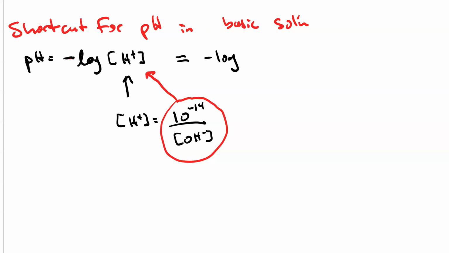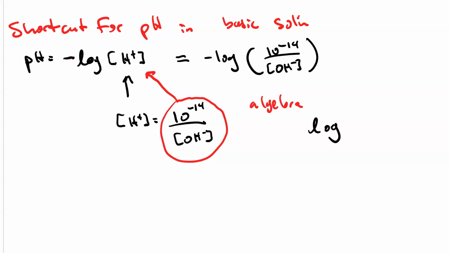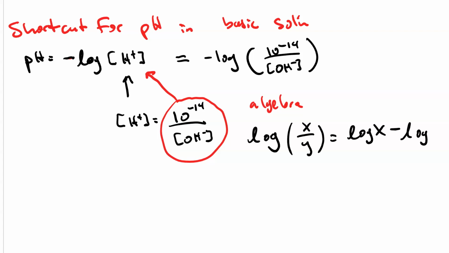So we have the negative log of 10 to the negative 14th over the hydroxide ion concentration. Now, there's a little bit of algebra here, but you should know that the logarithm of a fraction, say x over y, equals the difference of the logs. So the log of x over y equals the logarithm of x minus the logarithm of y.